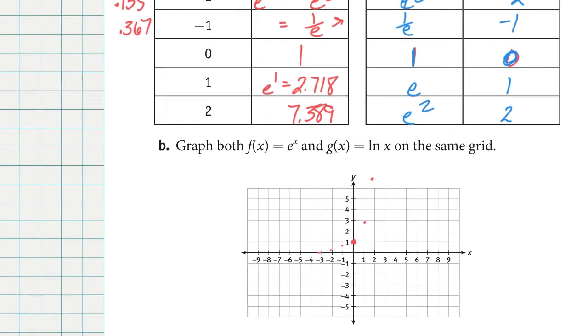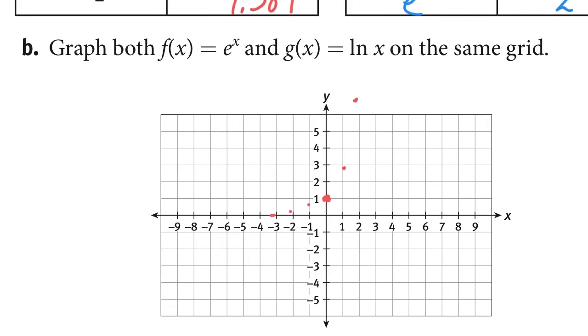So make this a little bigger. The e to the x function looks like this. Now, everything about that will be the opposite on our logarithmic function.